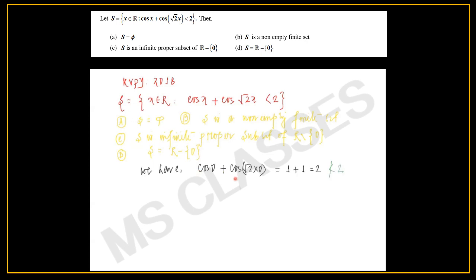So we can say that when x is equal to 0, the expression cos x plus cos root 2x attains its maximum value.